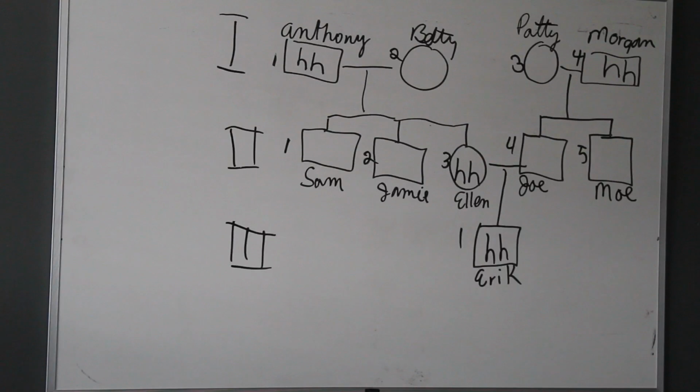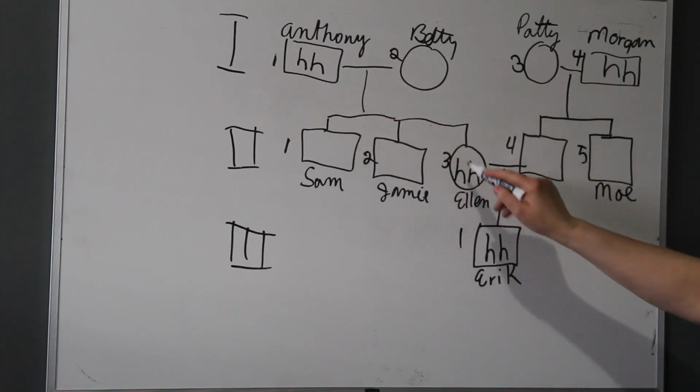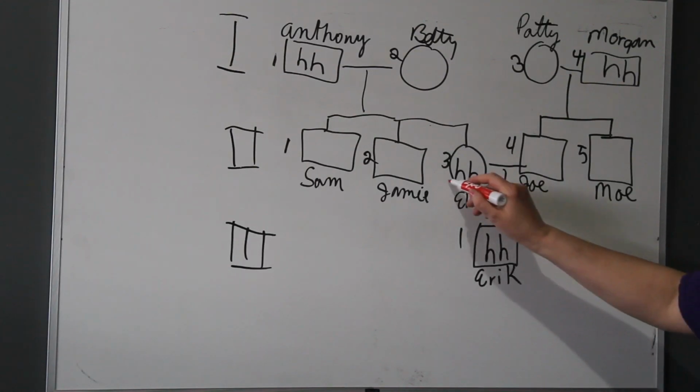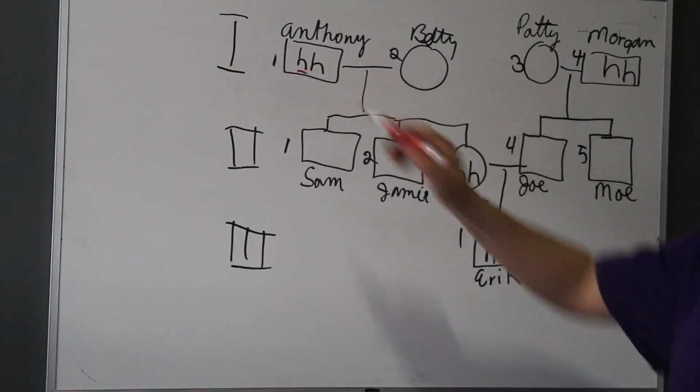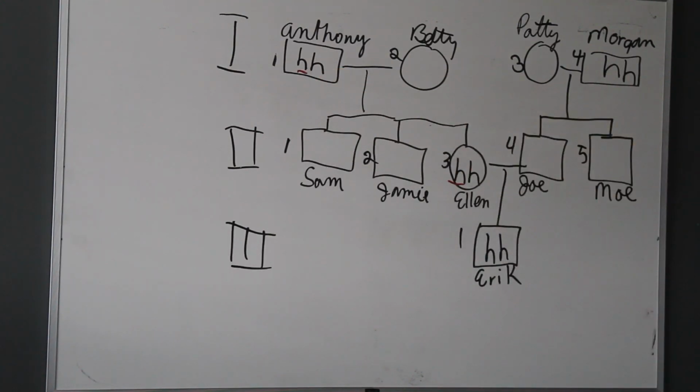Now we just have to figure out the rest, as many as we can. So Ellen got 2 h's, so she had to get 1 from each parent, and you can see that she got 1 from Anthony quite easily. I'm going to use a different color here. So one of these is from Anthony. See that? But the other one had to be from her mom.